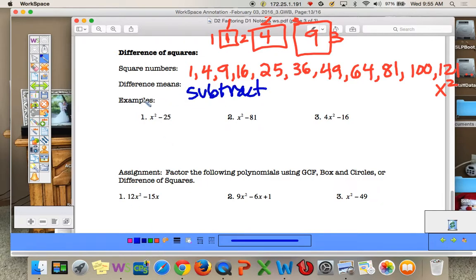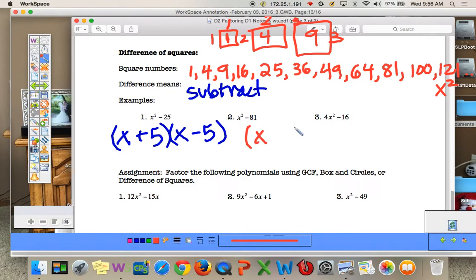So if you have difference of squares, there's the shortcut, x squared minus 25. What we can do is take the square root of each. So the square root of x squared is x, and the square root of 25 is positive 5 and negative 5. If you were to multiply that out, this is what you would get. The next one is also difference of squares. So we split it up. We do an x and an x.